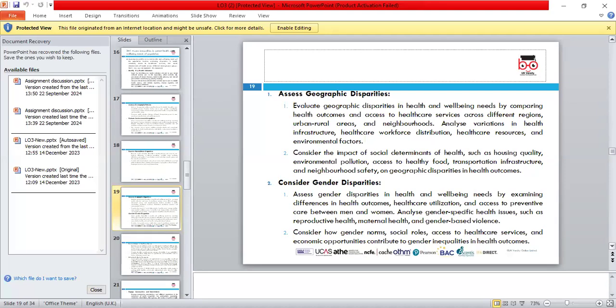Consider the impact of social determinants of health, such as housing quality, environmental pollution, access to healthy food, transportation infrastructure, and neighborhood safety on geographic disparities in health outcomes.